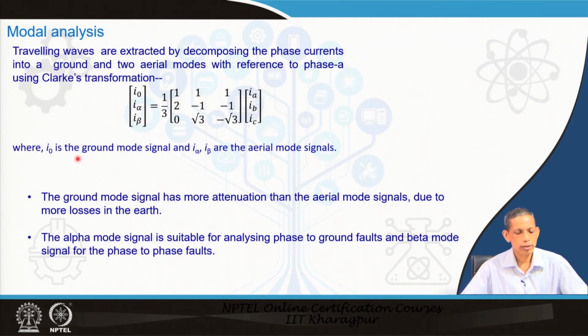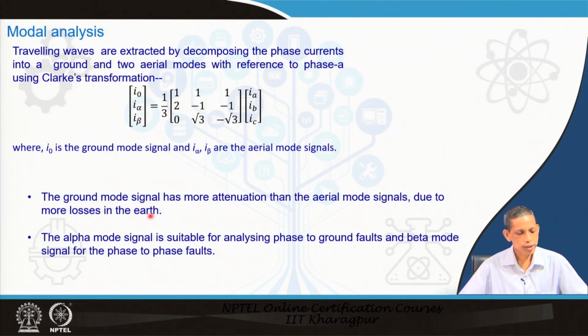Similarly, considering phase B as reference, we get another 3 components of I naught, I alpha, I beta, and for C also, considering it as reference, we get another 3. So, these 9 quantities of I naught, I alpha and I beta will be useful information for different applications in the travelling wave based approach.